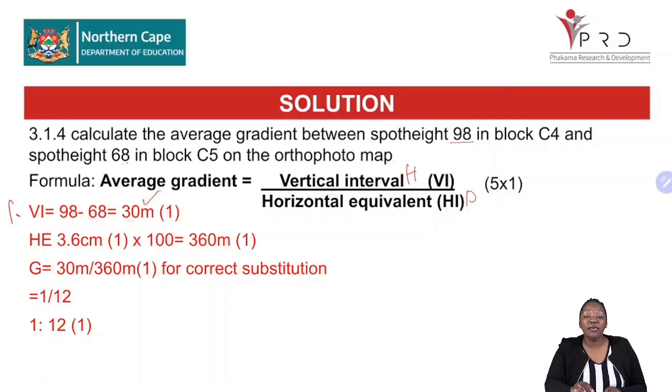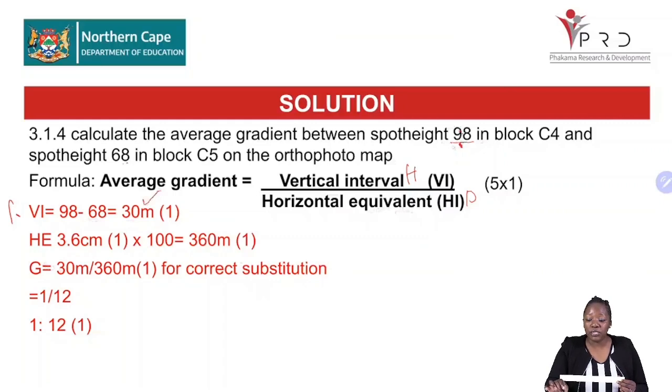And then secondly, we're looking at our horizontal equivalent. Horizontal equivalent, remember this is the distance. So in order for you to get the distance, you need to use your ruler, your 30 centimeter ruler. You start from the spot height 98. Remember, you don't place your ruler on the number, but you place it on the dot.